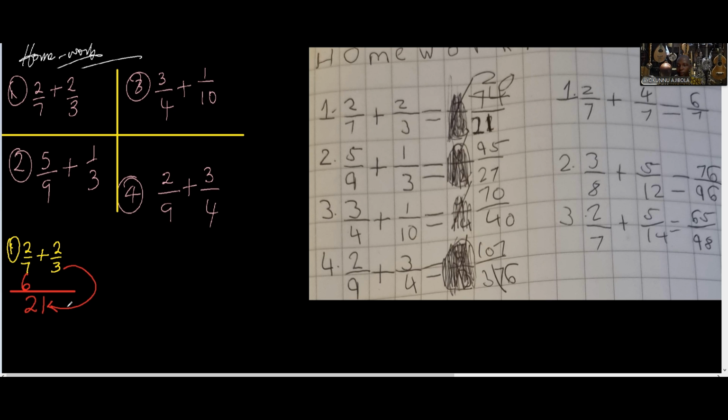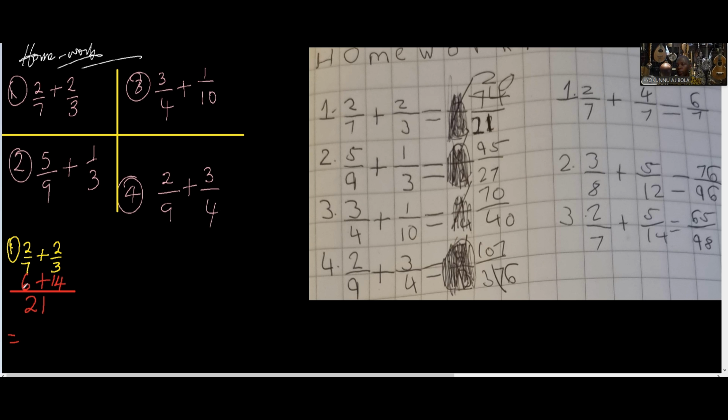What do you call it? 7. Now 7 times 2 is what? 14. So that's what we're going to add here, okay?